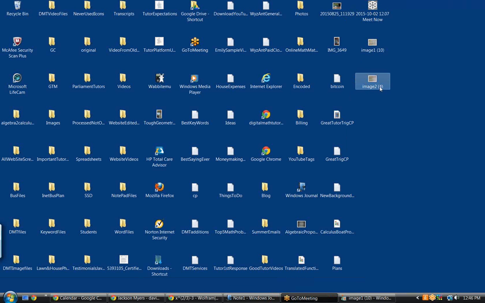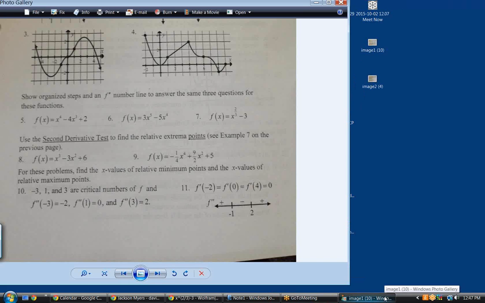No, that's on one of the note sheets. I can send it. Well, I'm curious on what she's doing in example 7. How is she using the second derivative test to find the relative extrema? If you want to send it, you can. If it doesn't take you too long to do it, go ahead.